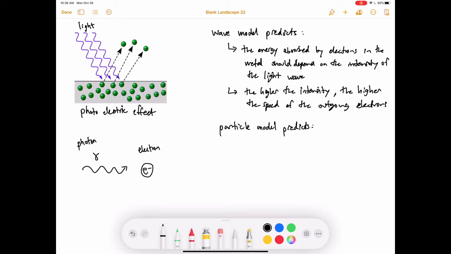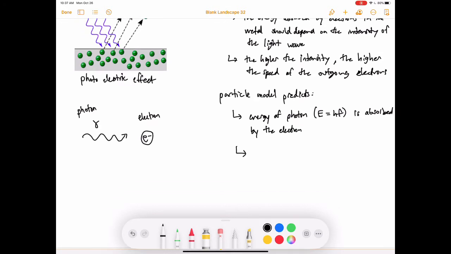Okay, so the particle model predicts that the energy of the photon, which is given by E equals hf, is absorbed by the electron. So one electron in the metal absorbs one photon, is the idea.